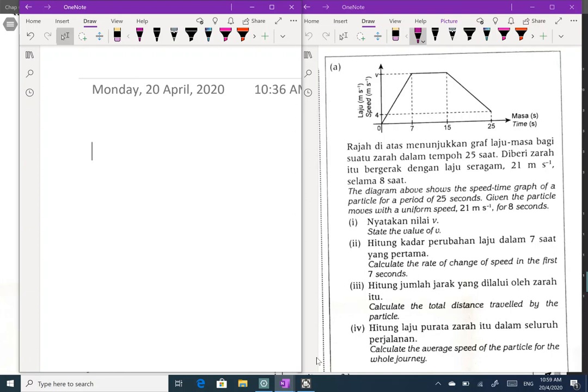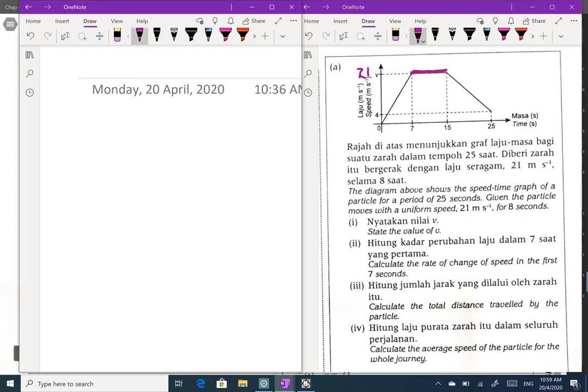Given the particle moves with a uniform speed 21. Okay, this one is our uniform speed. The uniform speed is 21. That means here is 21 for 8 seconds. Is it 15 minus 7? So it's 8 seconds.